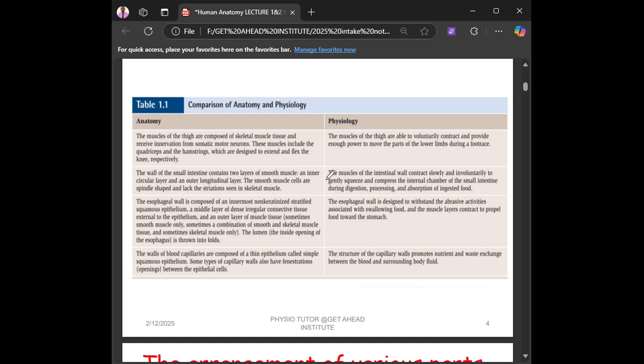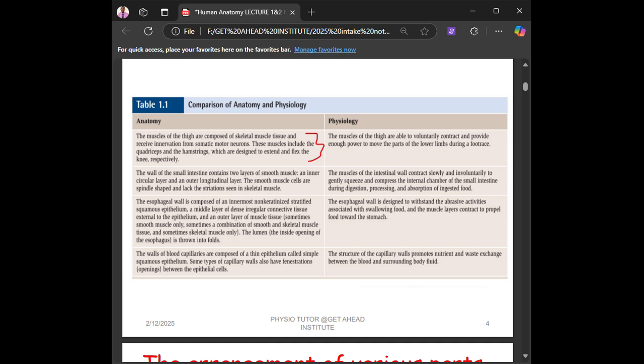So this slide is showing you the comparison of anatomy and physiology. If we pick the first one here, in terms of anatomy, when we're talking about the muscles of the thigh, anatomy will tell you that the muscles of the thigh are composed of skeletal muscles, and they receive their innervation from somatic motor neurons.